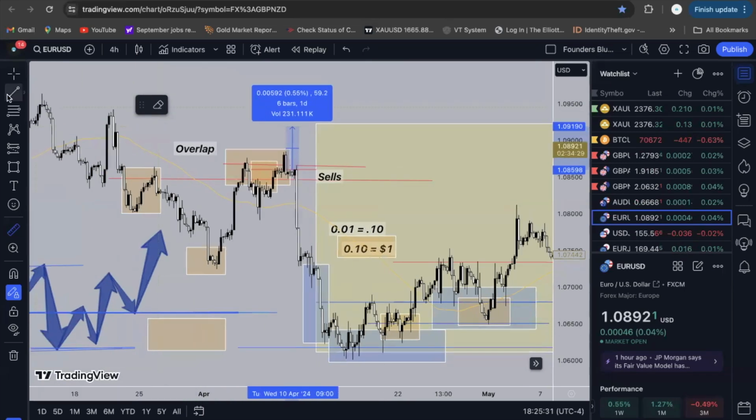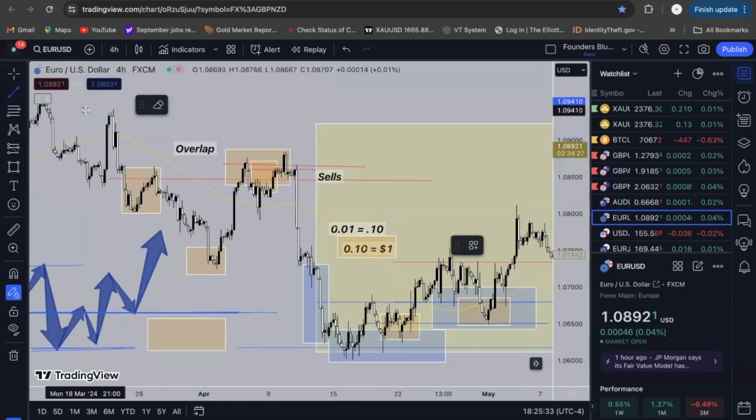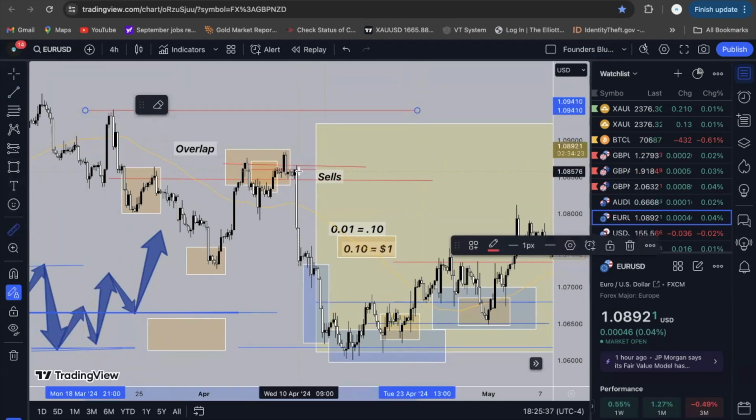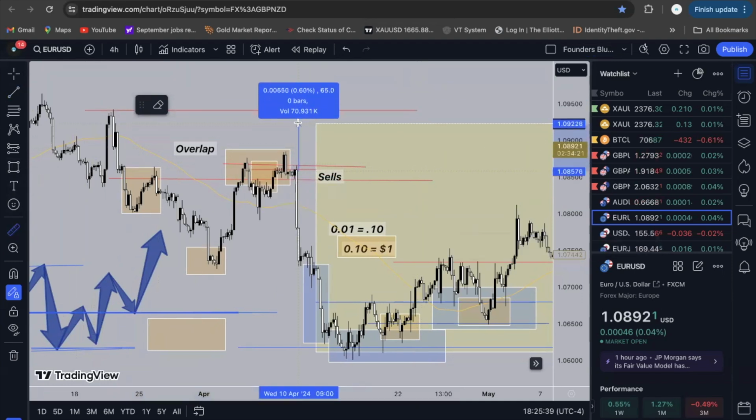It could go all the way back up here if it wanted to. We don't know that. And if it does, we want to account for that loss. If it does go against us, let's say this range, 83 pips, that means we'll be down $83. But somewhere in between there, that's where you put your stop loss so you don't lose all of that. Correct, if you was to execute a 0.10.